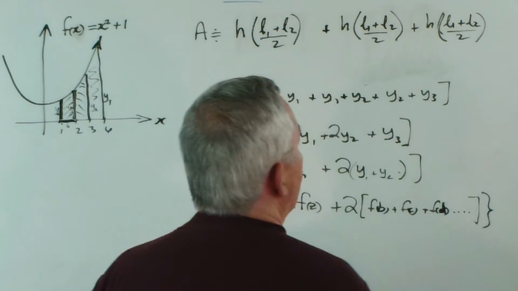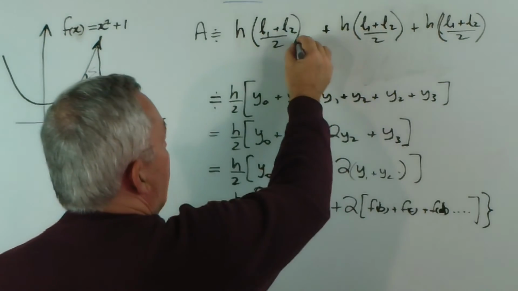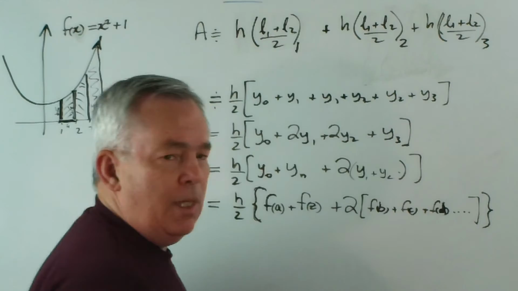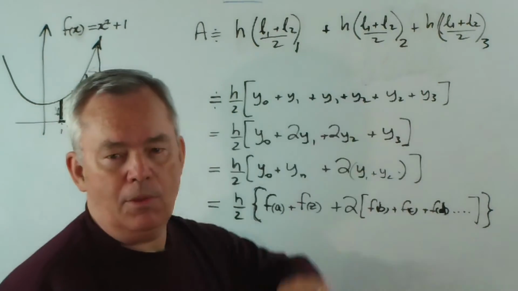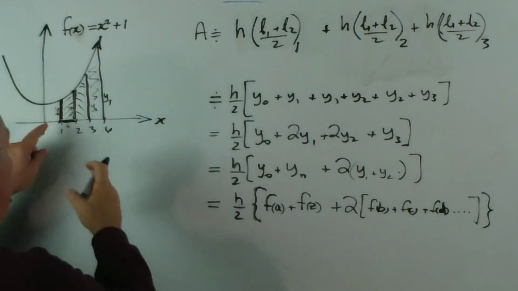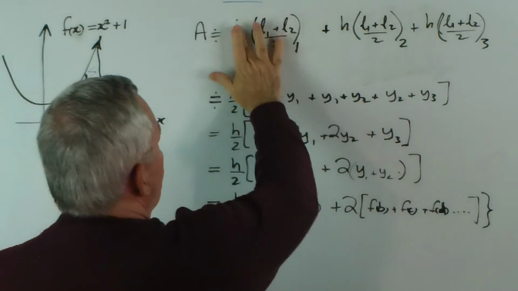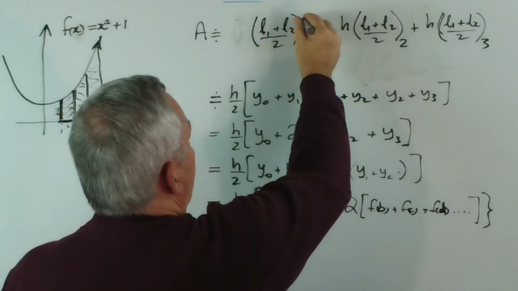And how do we differentiate between them? We can put a 1 as a subscript here, a 2 as a subscript here, and a 3 as a subscript here to say the first strip, the second strip and the third strip. And then substitute the two lengths and the width or the height, or if you wanted to use my formula you would use breadth.